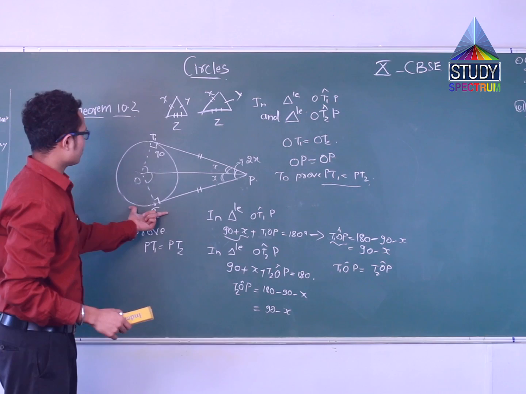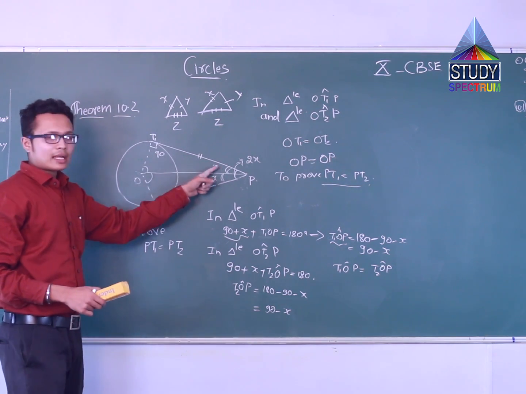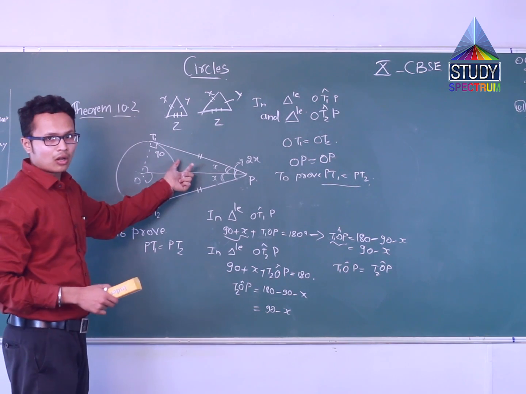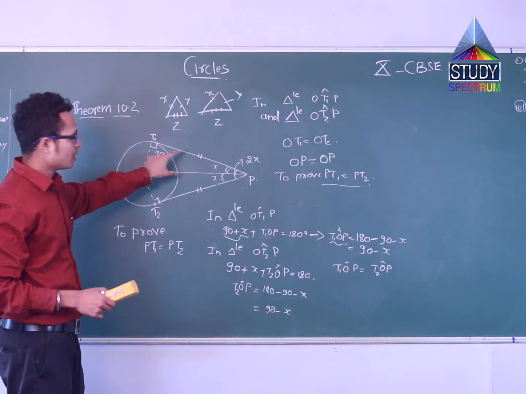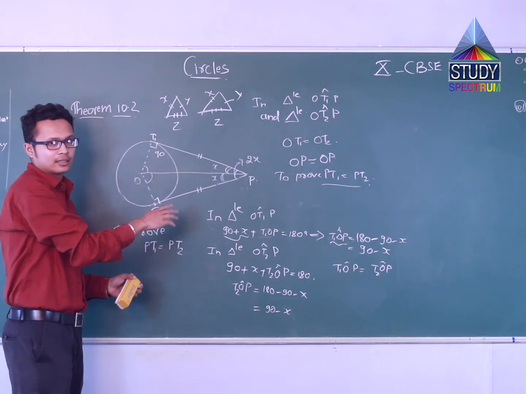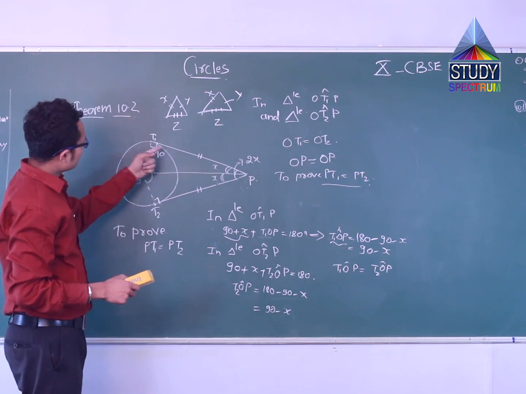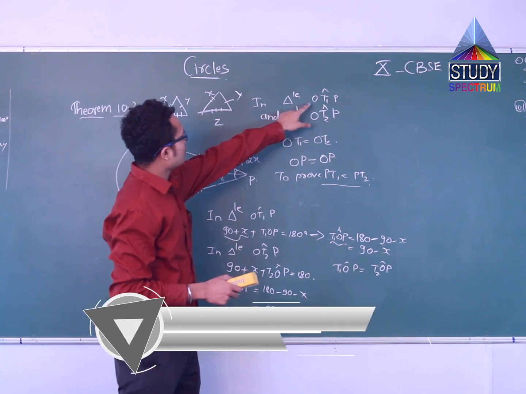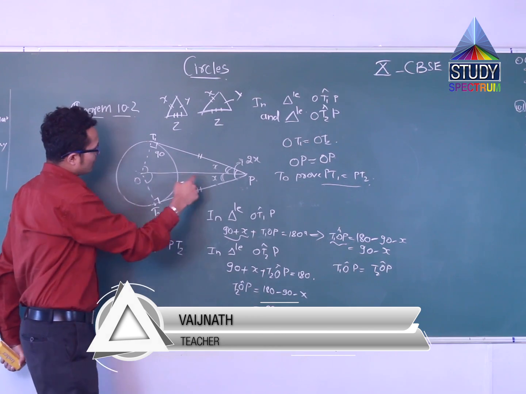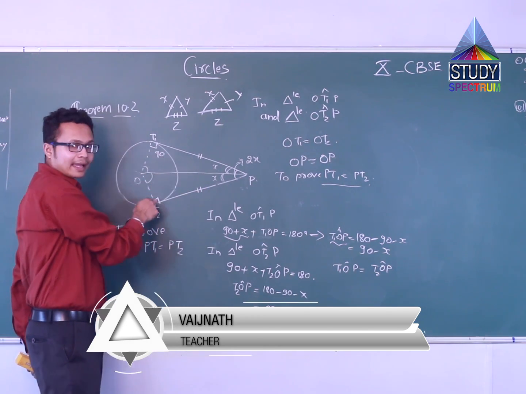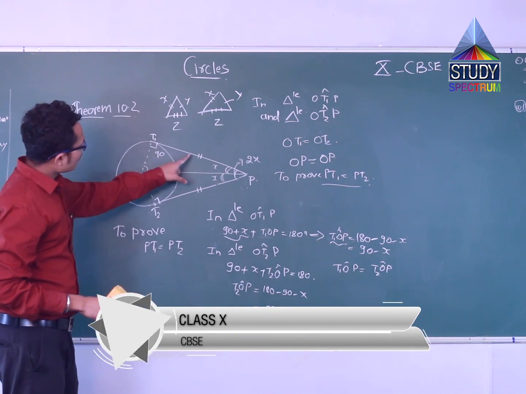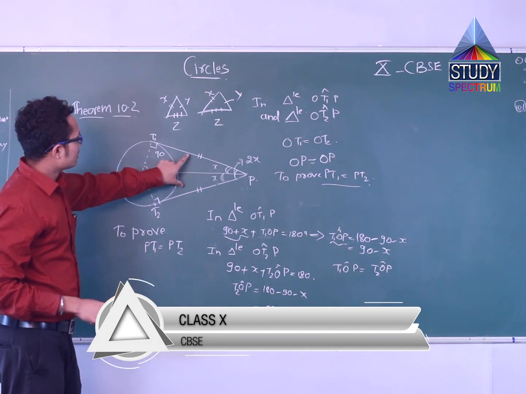What I did in this case was prove that all the corresponding angles in the two triangles, OT1P and OT2P, are equal. So therefore corresponding sides should also be equal.